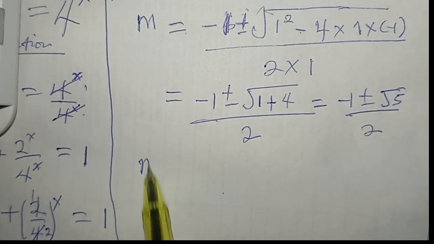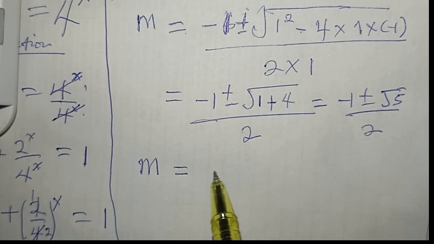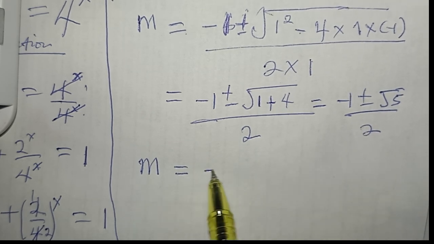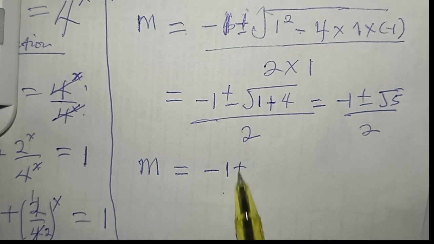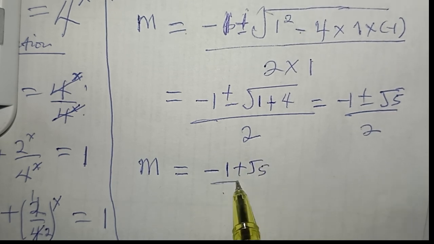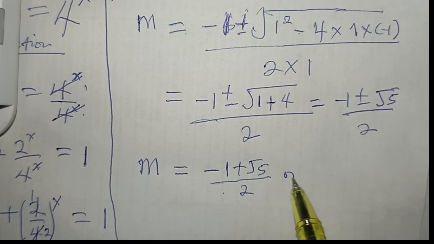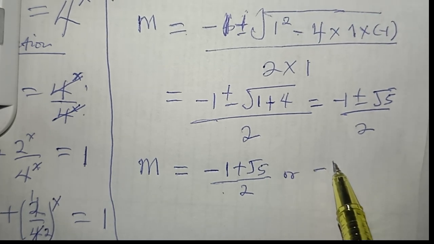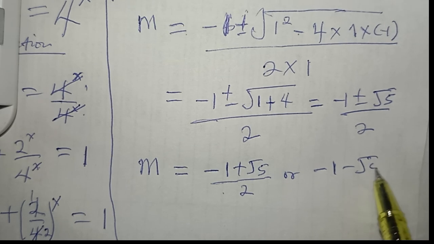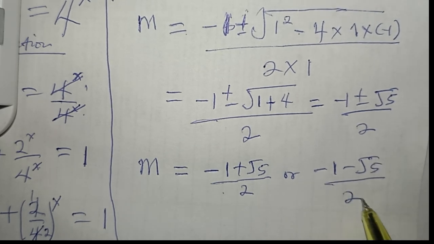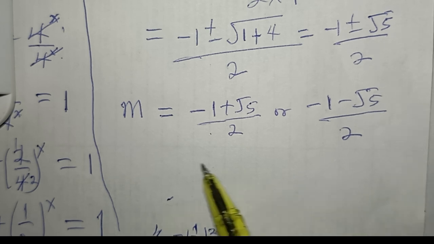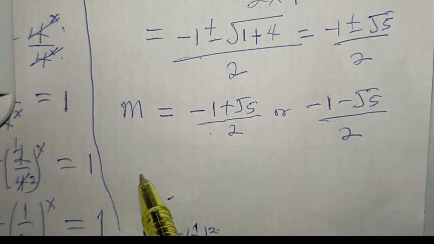And eventually m is going to be equal to minus 1 plus root 5 divided by 2, or minus 1 minus root 5 divided by 2. So these are the values of m that we've gotten.